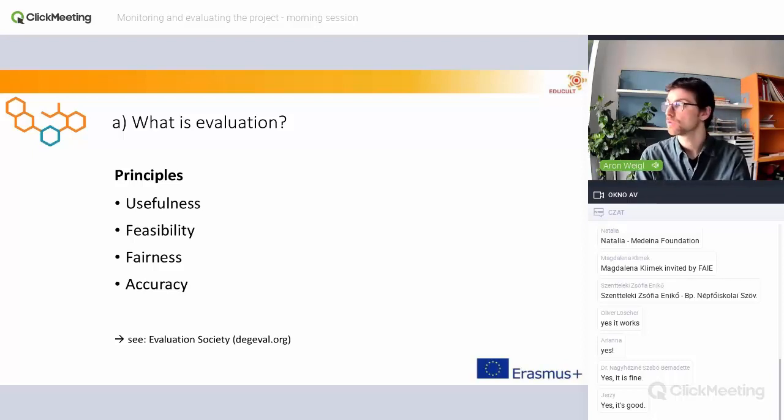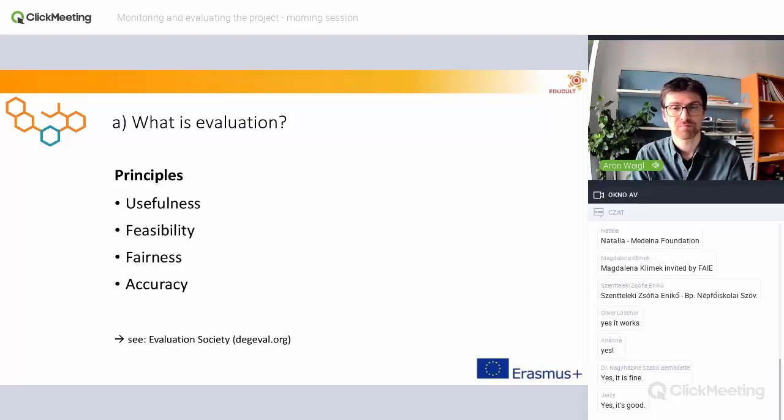So we have to make clear that an evaluation has to be useful. What does it mean? It means that an evaluation is based on the clarified evaluation purposes. So you have to define certain purposes, goals with the evaluation, and it is based on the needs of the intended users. So an evaluation has always to think about who will need or who will use these results.